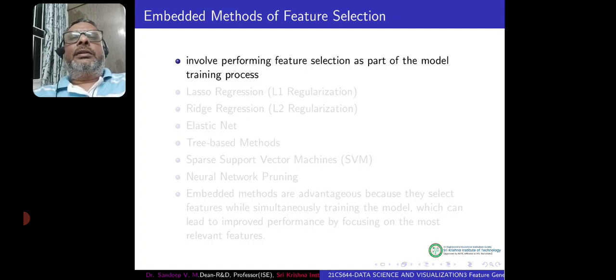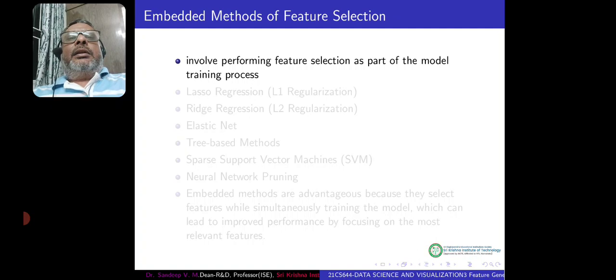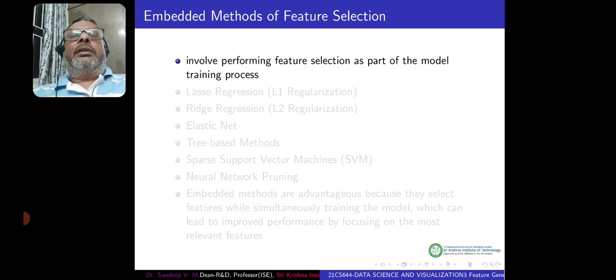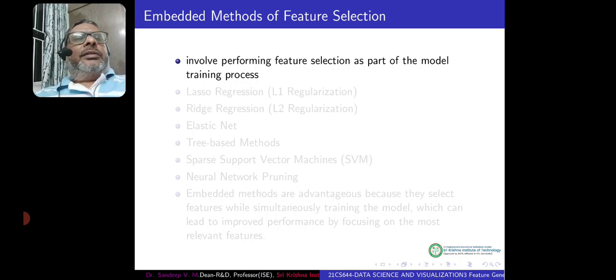That means every feature will be multiplied with a coefficient, and this coefficient is going to make sure how much component of that feature will be used for training.